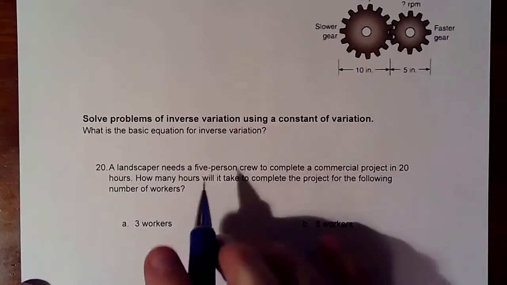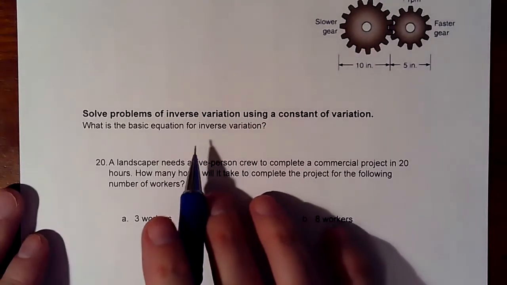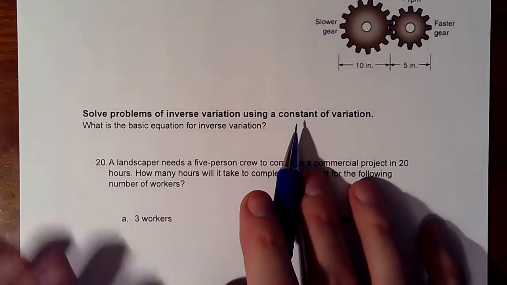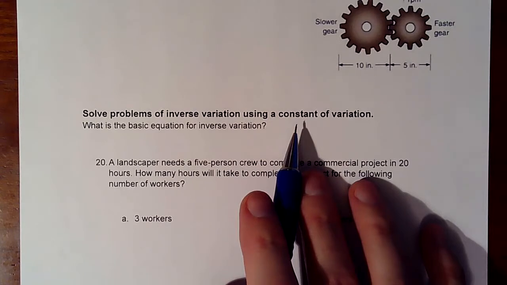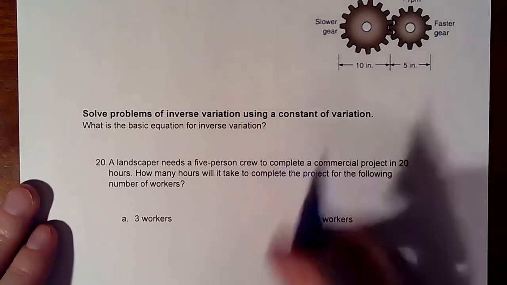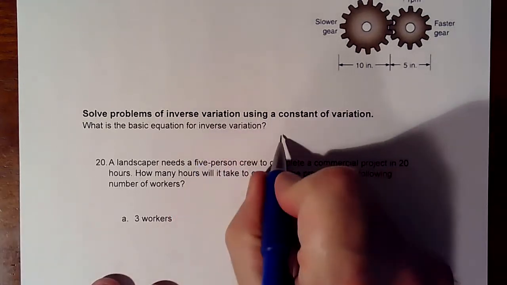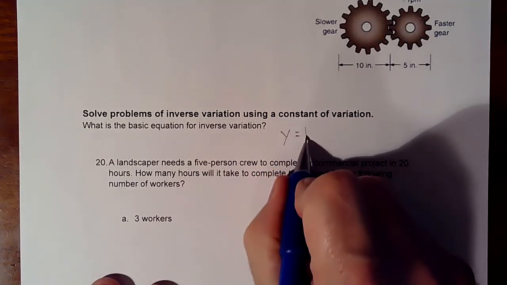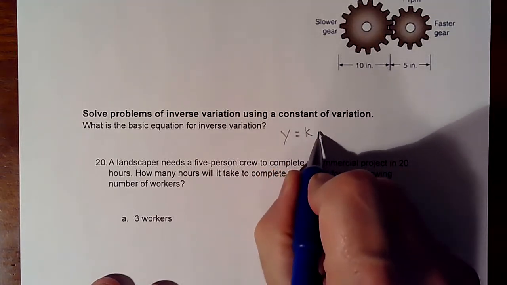Okay, and this better way is down here, where we're going to solve it using an equation and just basically plug things in, very similar to what you would have seen in a direct variation. So an inverse variation looks like this. A direct variation is you take this constant and you multiply it by x.